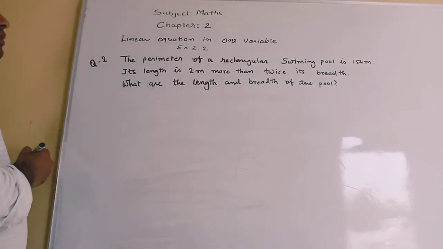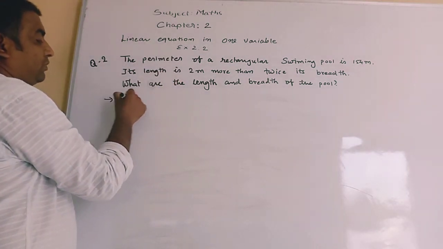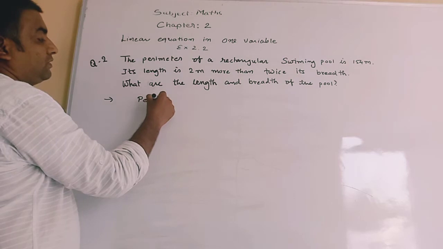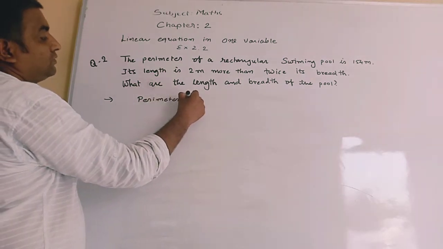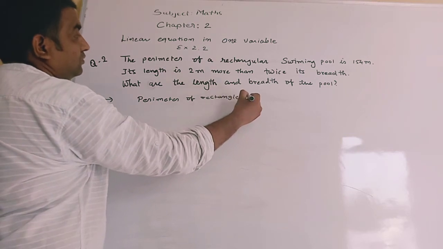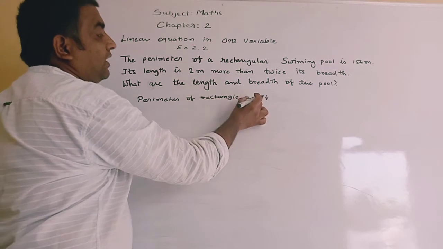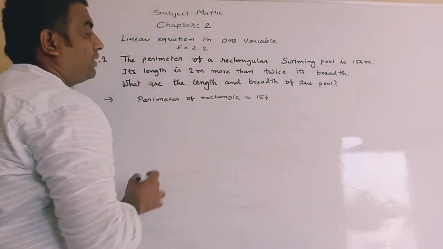So we know the formula of perimeter of a rectangle. The perimeter of the rectangle is given as 154, so the perimeter of the rectangle equals 154.